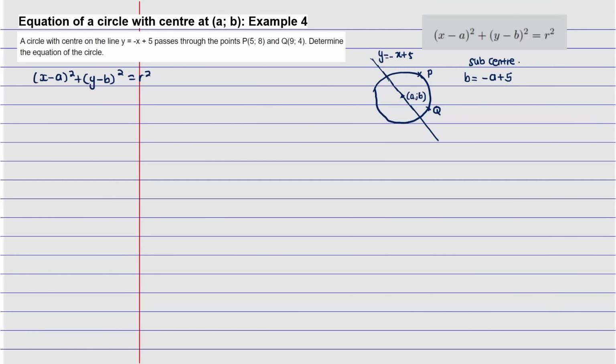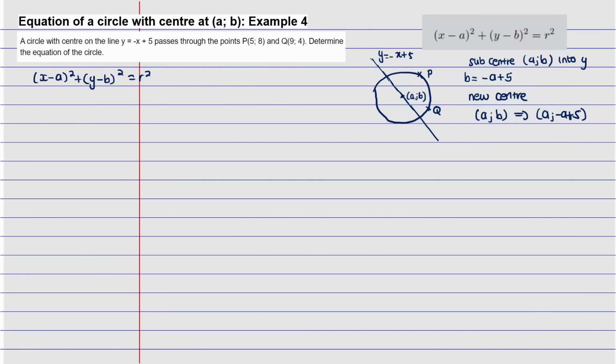So what you got is the center (a, b). When I substitute the center (a, b) into y, I'm getting this. I can rewrite this center now. The new center, we know it's (a, b), but I can rewrite it in terms of a, so we can write it as (a, negative a plus 5).